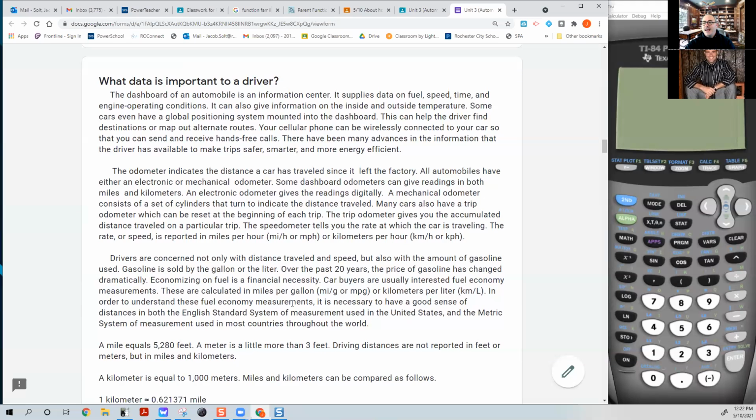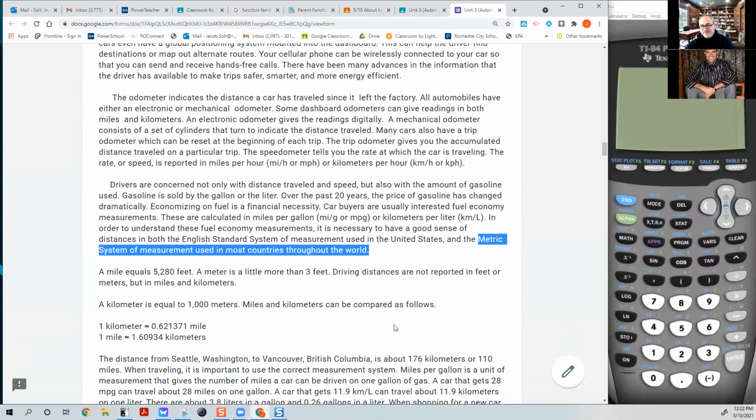These are calculated in miles per gallon, either mi/g or mpg, or everywhere else in kilometers per liter, km/l. In order to understand these fuel economy measurements, it is necessary to have a good sense of distances in both the English standard system of measurement that's used in the United States, and the metric system used pretty much everywhere else.